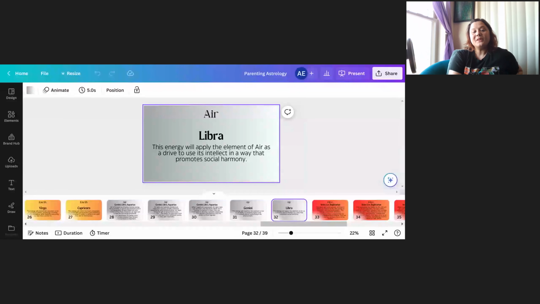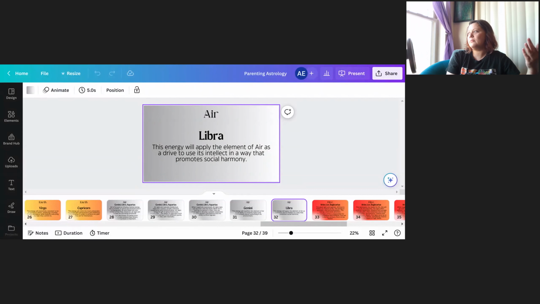Now, Libra energy. This energy will apply the element of air as a drive to use its intellect in a way that promotes social harmony. So on a negative aspect, somebody with strong Libra energy might have trouble dealing with the injustices in life.